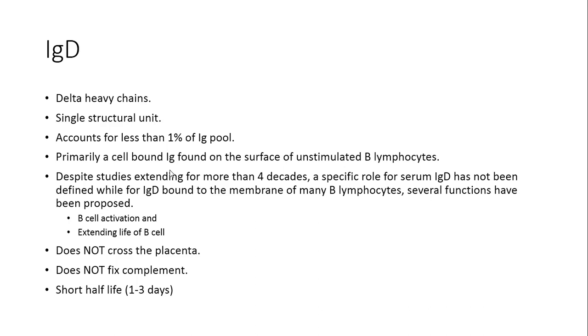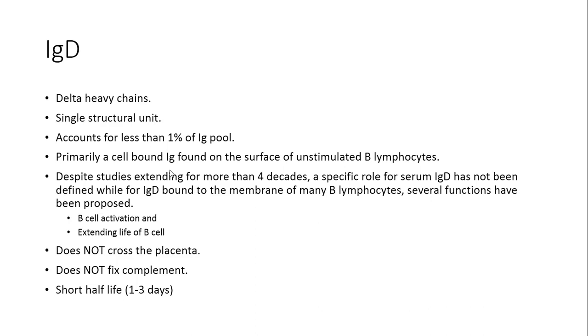Our last immunoglobulin of note is the IgD. These are the delta heavy chains, and as I said, for the longest time, it was the mystery immunoglobulin. It's a single structural unit. It's a monomer. Very, very small percentage in the immunoglobulin pool.